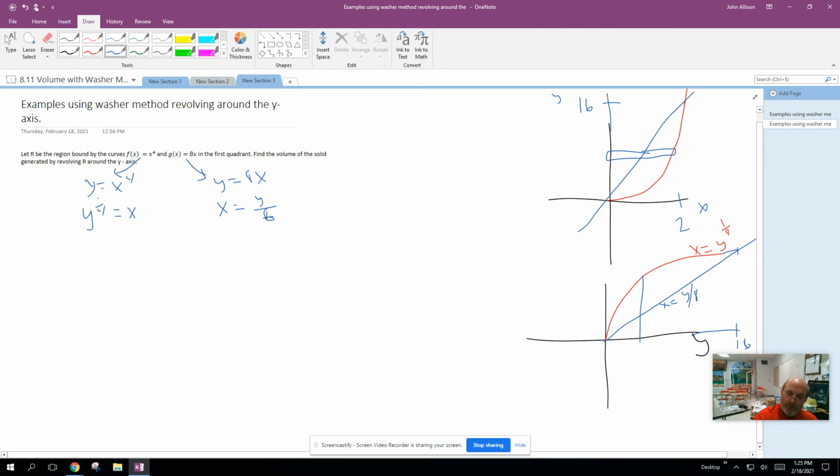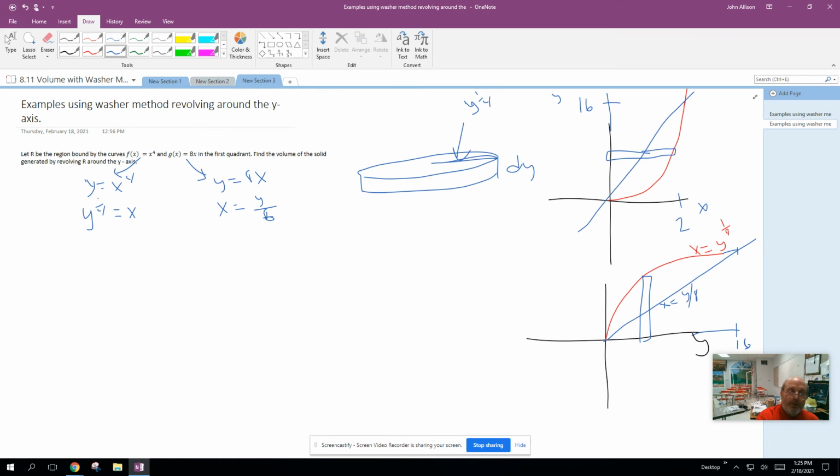So now I'm going to do the top disk, that big disk, with dy. The radius this time is going to be the upper curve, y to the 1/4.